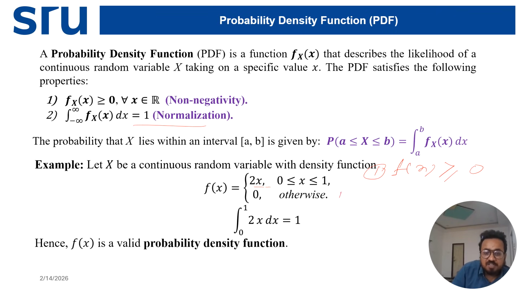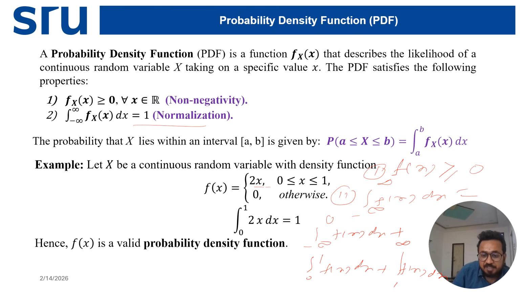Now for the second condition, we will say that the integral from minus infinity to infinity of f of x dx can be written as the integral from minus infinity to 0 of f of x dx plus the integral from 0 to 1 of f of x dx plus the integral from 1 to infinity of f of x dx, right?